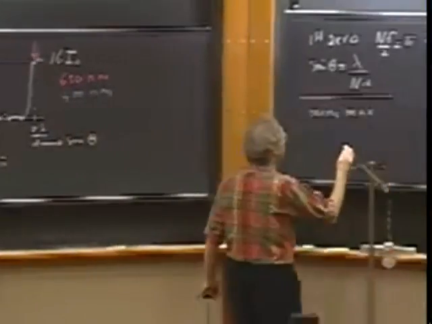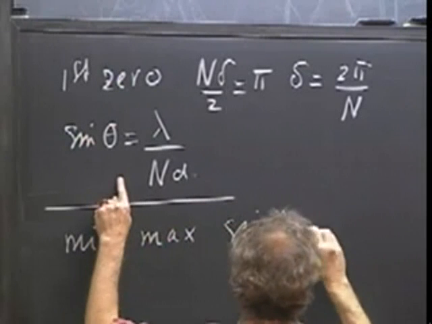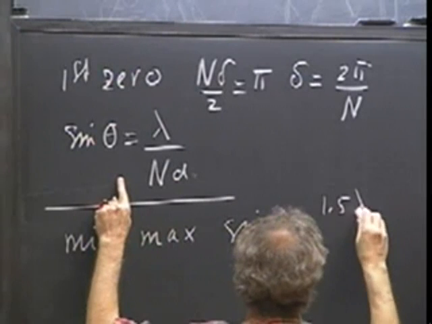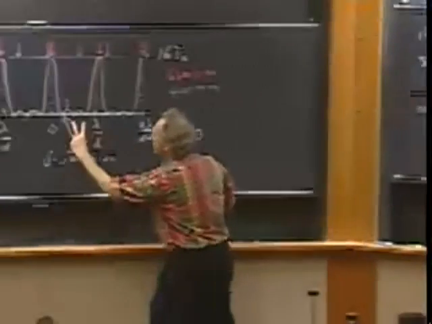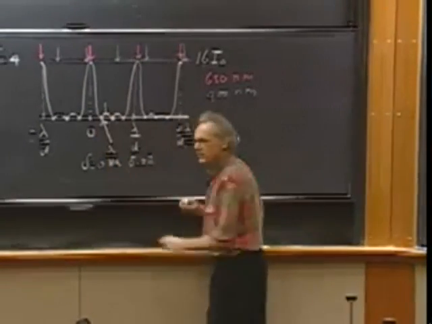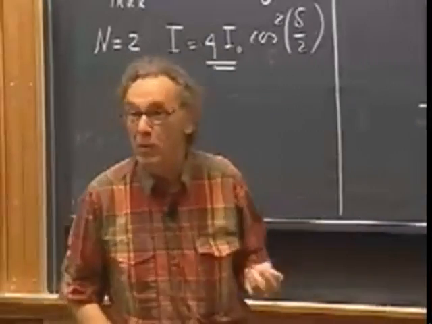So I ask the equation, what is your intensity when the sine theta is now 1.5 times lambda divided by nd? Then I'm right in between these two zeros. Now, whether I'm exactly on that maximum, I don't know. I'm really not interested, but I'm sure I'm close.